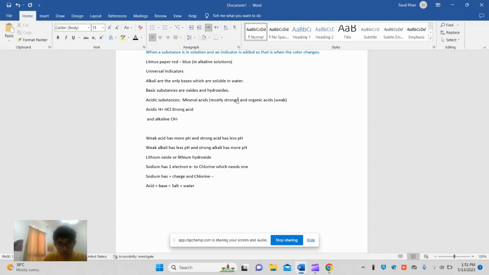However, there is an exception among the mineral acids, and that exception is carbonic acid. Why isn't it an organic acid? Because carbonic acid's formula is H2CO3.